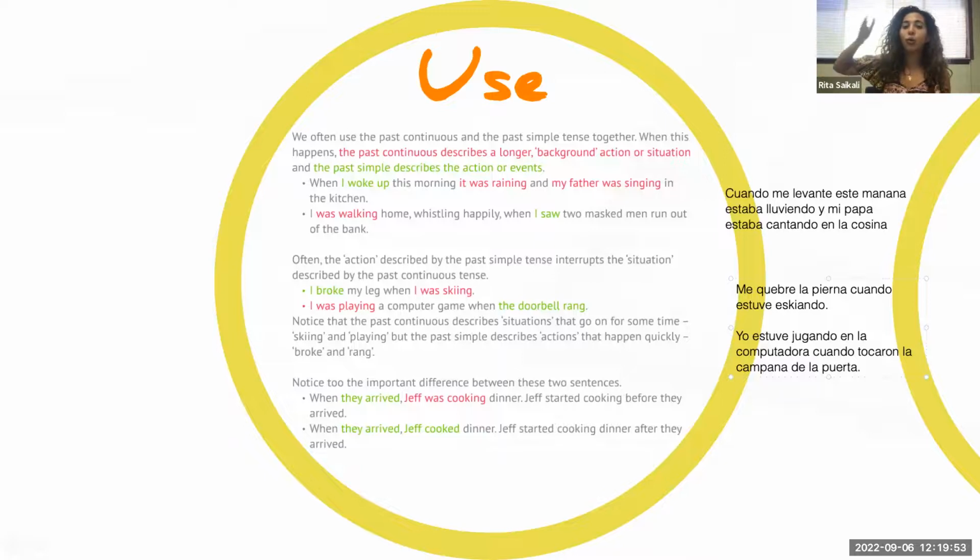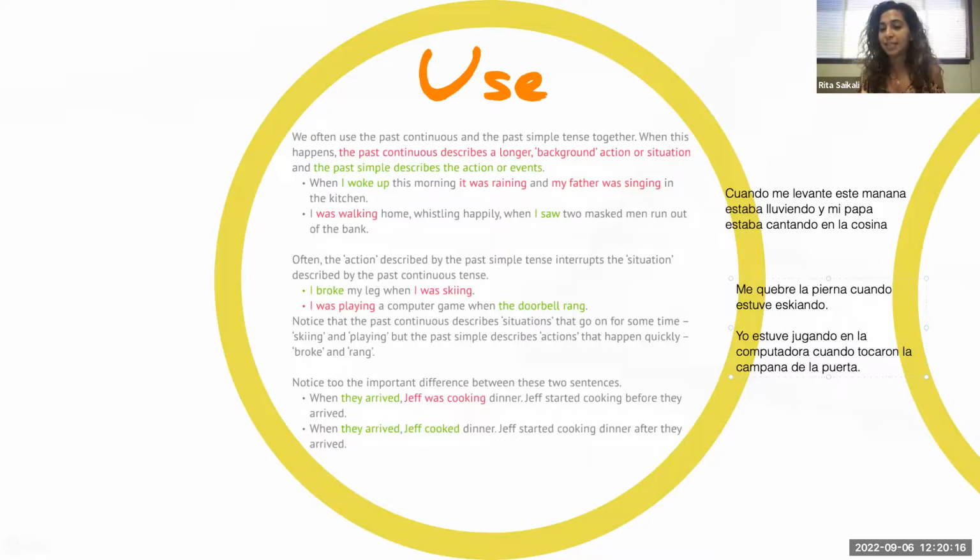Okay. So that's the action that stopped my continuous action. That one is in simple past, and the action that was going on is in past continuous. Cool? All right. It's the same as in Spanish.